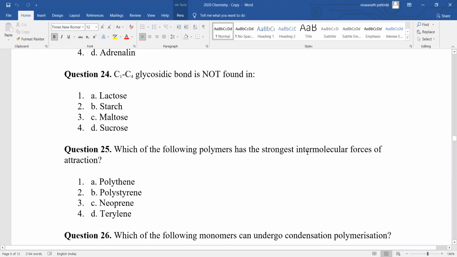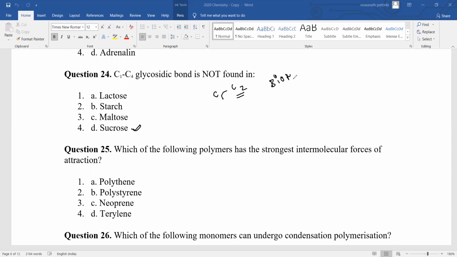And the next one: the C1-C4 glycosidic bond is not found in sucrose. Okay, so in the case of sucrose, what type of glycosidic bond is there? C1 to C2 glycosidic bond is there. So this question is from biomolecules, directly from NCERT. You can check it out in the NCERT.